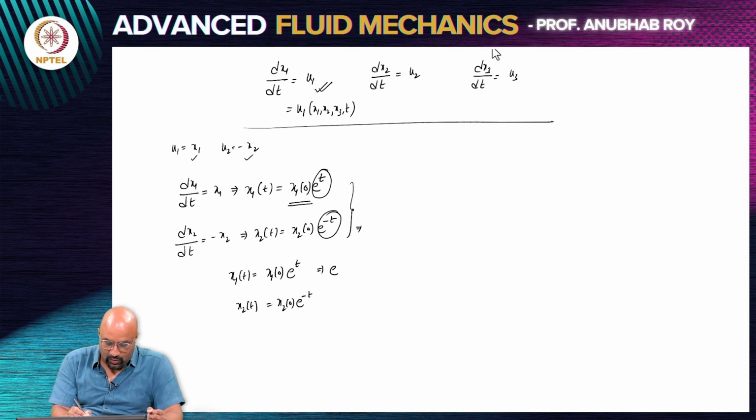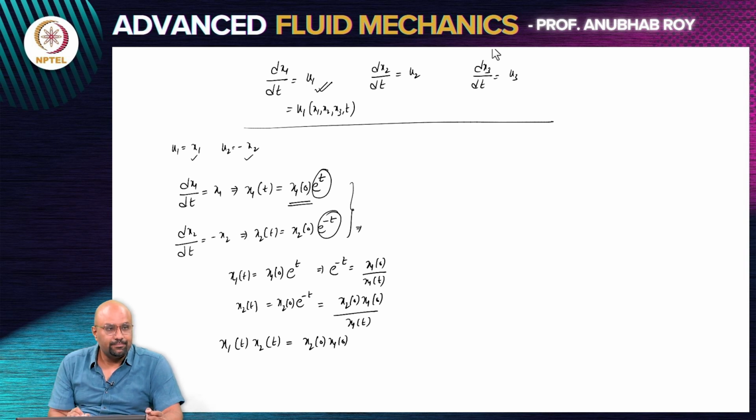But from the first equation, exponential of minus t is x1 of 0 by x1 of t. That is another way of writing the time variable. So, if I plug it here, I have x2 of 0 times x1 of 0 by x1 of t. That tells us that the product of the coordinates x1 and x2 at any point is equal to where it started out from.